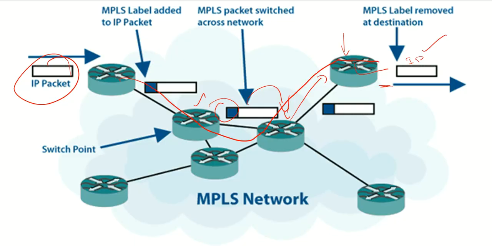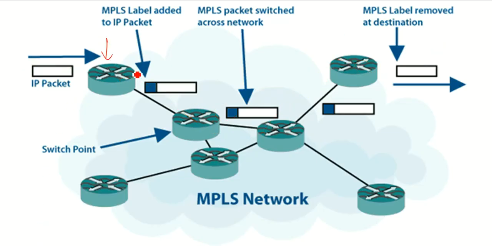An IP packet is received and an IP packet is sent. Inside, in between, it is label switching. So the insertion of label happened here, swapping of label happened here, again swapping of label happened here, popping of label happened here. This is the way that MPLS works.